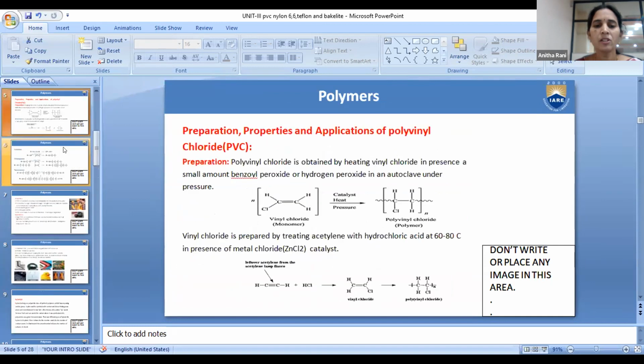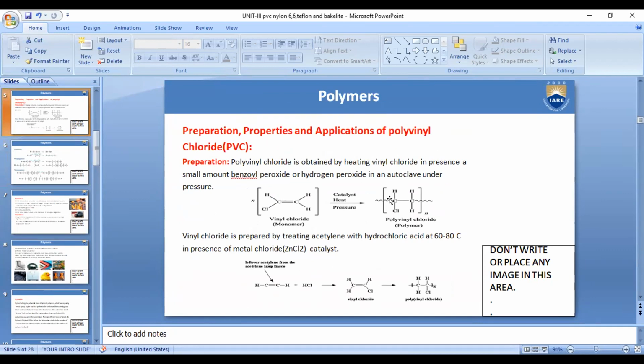How to prepare polyvinyl chloride? Heating of vinyl chloride. N number of vinyl chloride molecules you are adding and using catalyst, applying heat and pressure and going for polymerization process, you will get the polyvinyl chloride.